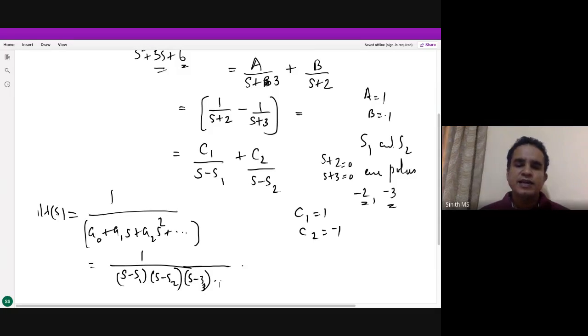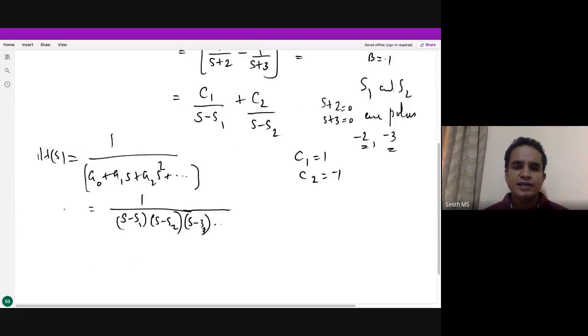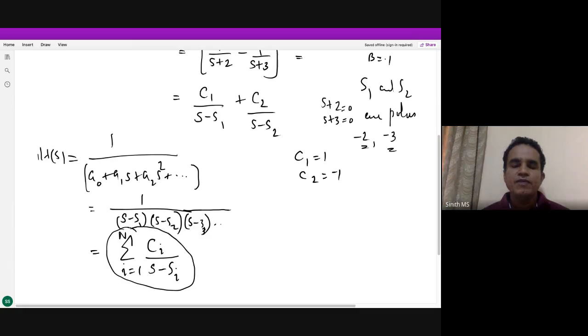In partial fraction, it can be written as sigma i equal to 1 to n, if n poles are there, Ci by s minus si.